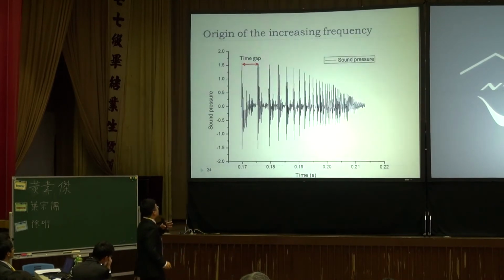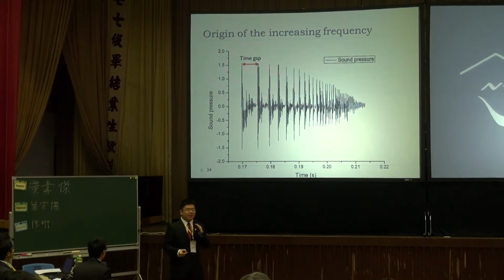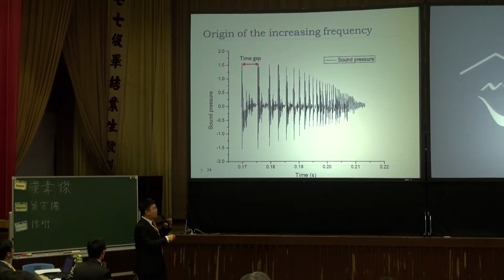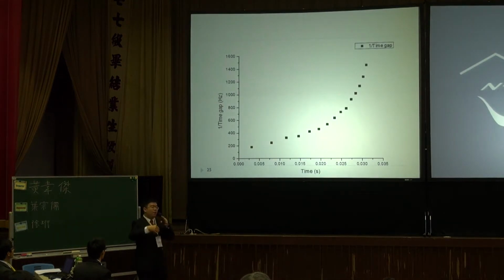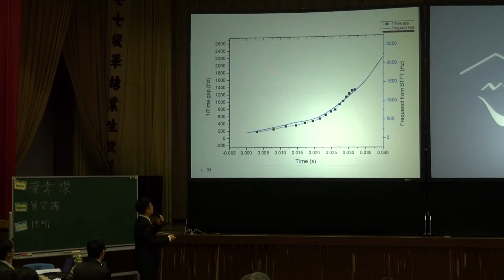So we go back to look at it again. Looking at this graph, you can see that the time gap between collisions is clearly decreasing. So we believe that maybe this time gap affects the resulting pattern we see. We simply take the time gap and invert it to get the equivalent frequency. And we compare this graph to the short time Fourier transform graph.